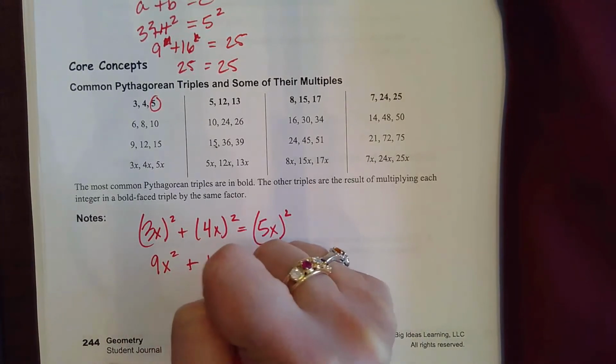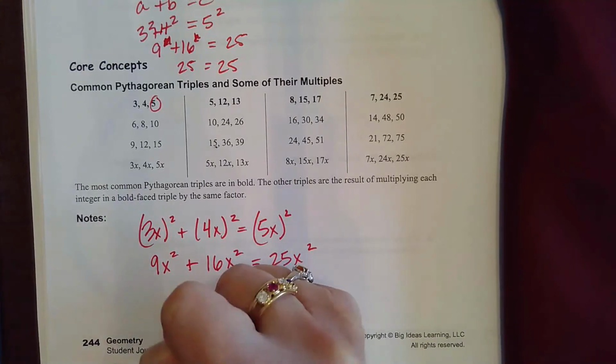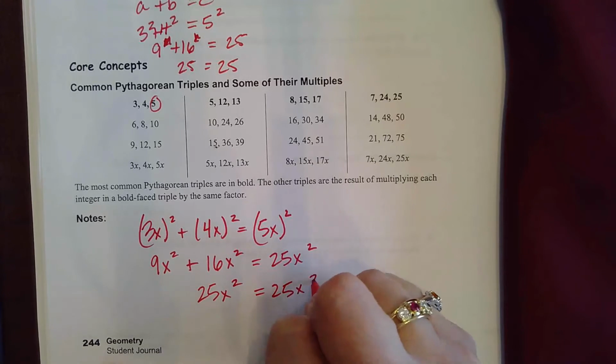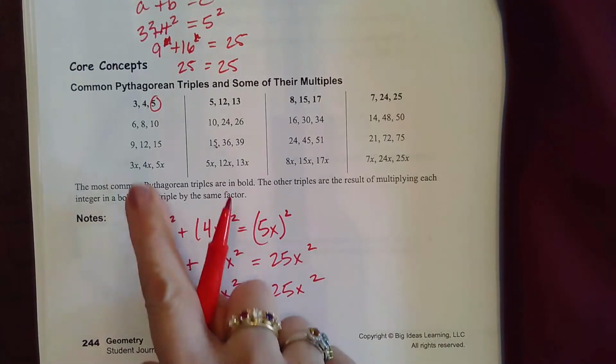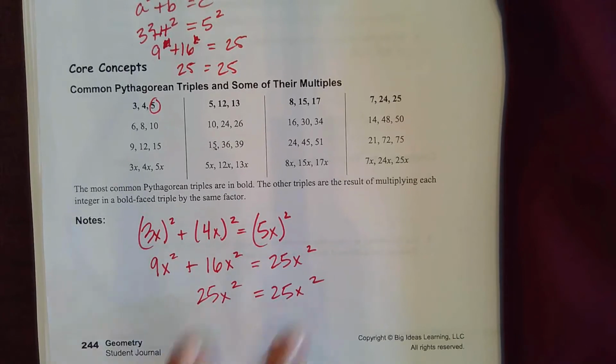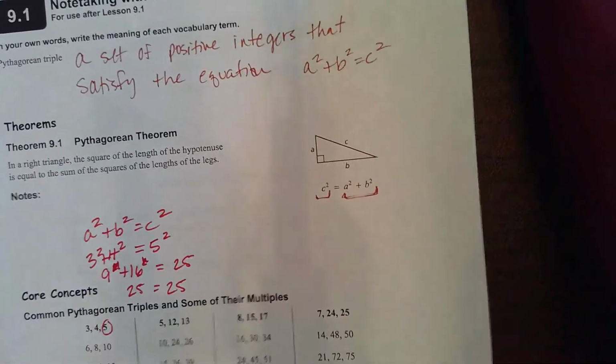Same thing with the 4, and same thing with the 5. As you will see here, I get 25x squared equals 25x squared. That's how you know that 3x, 4x, and 5x is a Pythagorean triple, because both sides of my equation equal the same thing. So again, it doesn't have to equal numbers. We can use expressions in some of these as well, and that's what we're going to be looking at.